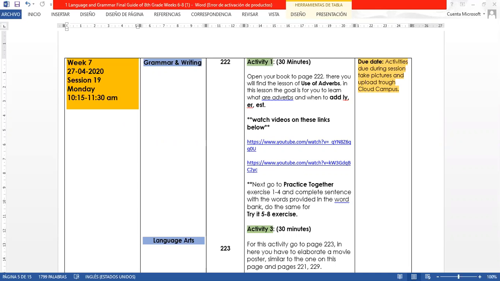So it says number 5, the first one, I'm sorry, the instructions. Does the adverb tell how, I'm reading here, guys. Does the adverb tell how, where, or when about the verb? Or does it make an adjective or adverb stronger? So in number 5, we see here the first example. We have 4 sentences. There's 4 words in the word bank also. So the first example, number 5 says, we are seeing a movie.